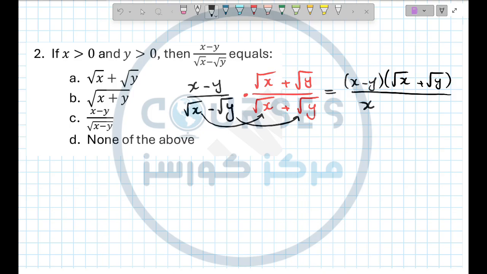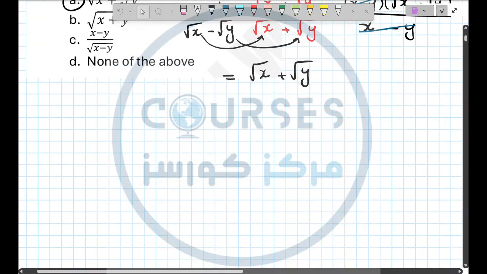So that's just going to be x. Negative square root of y times positive square root of y, negative times positive is negative. Square root of y times square root of y is just y. And here we find out that this bracket is the same as this. So what are we left with? We are just left with square root of x plus square root of y, which is A.